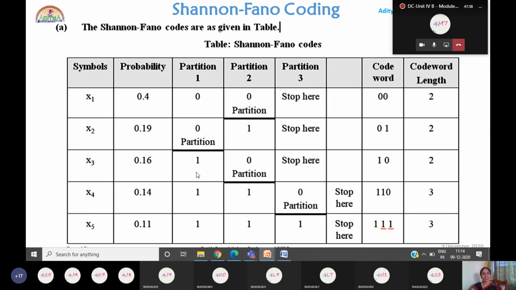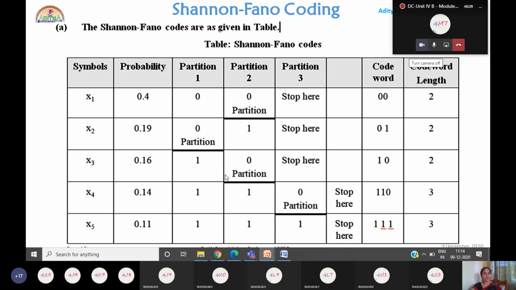Because the prefix of one code word is the same as the prefix of another, there is a chance of error getting propagated in the Shannon Fano coding method. If everything is good, no issue, but sometimes if there is an error, it may get propagated. This is the main drawback of the Shannon Fano coding method.